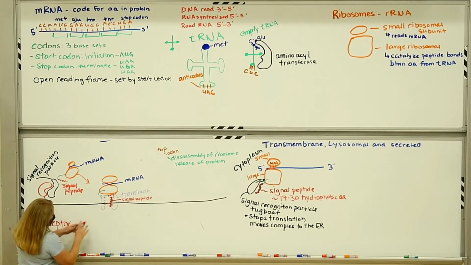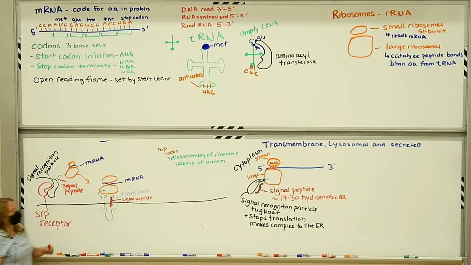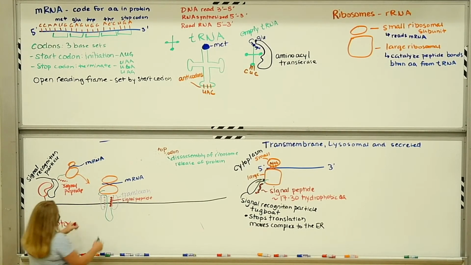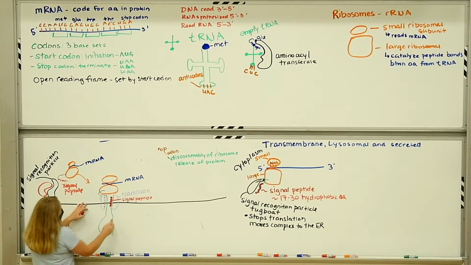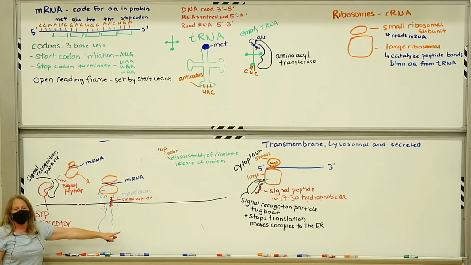So now you've got this portion of it stuck, but you can still push the rest of it through. As you continue synthesis and you keep pushing out more and more protein, this will just elongate. Okay? You just keep making it here, it keeps pushing it in, it just elongates.